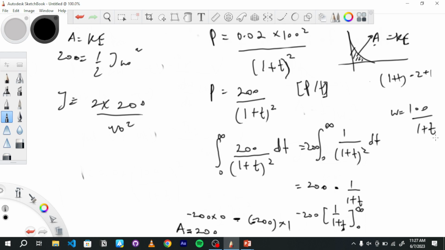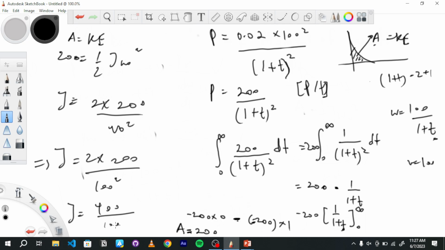So when time is 0, the speed is 100 over 1. That's 100. So this implies that J is equal to 2 times 200 over 100 squared. So that's 400 over 10,000, which is 0.04 kilogram meters squared.